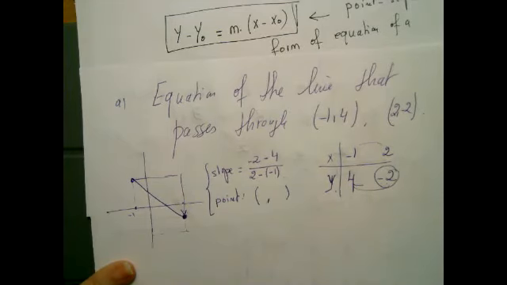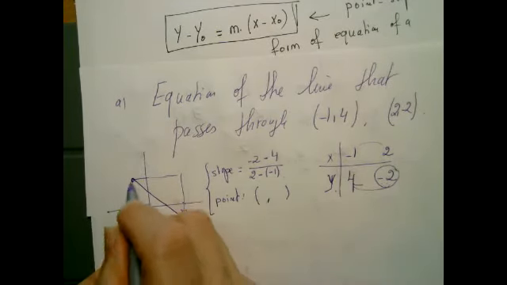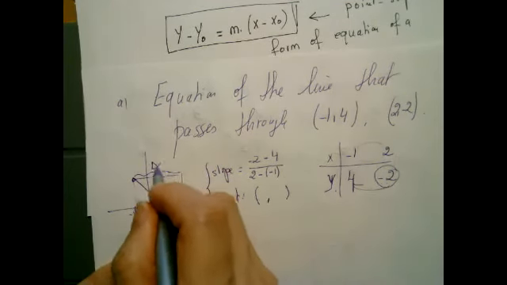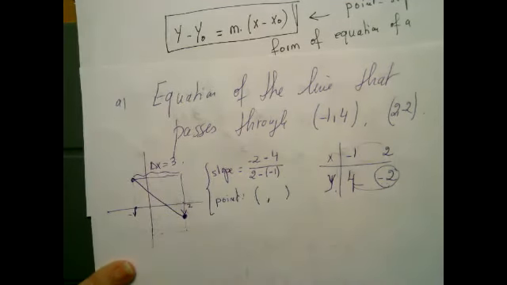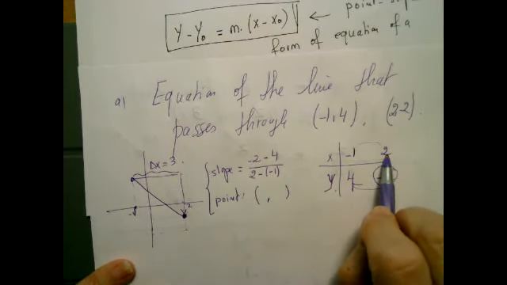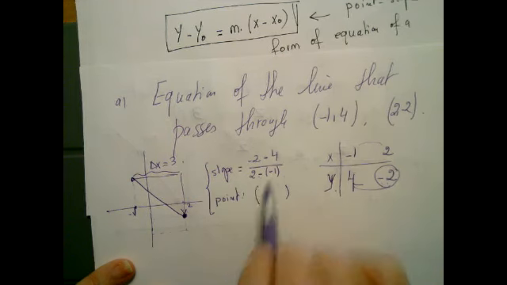Why is it minus 1? Because from minus 1 to 2, you're actually changing by 3 units. That's intuitively what's happening. If you use the formula verbatim, it's x2 minus x1, but x1 is negative. So you get minus 1.